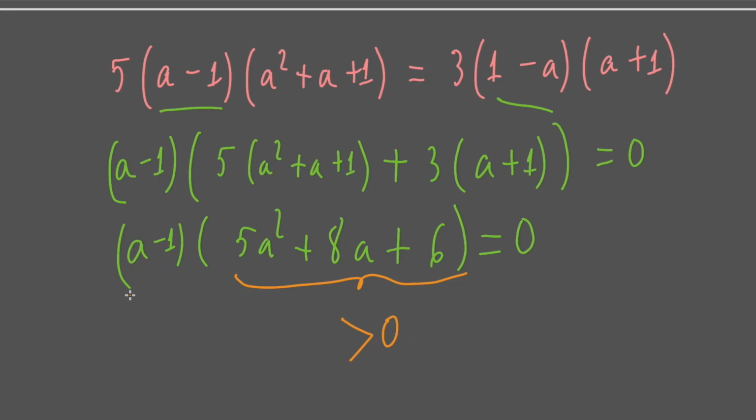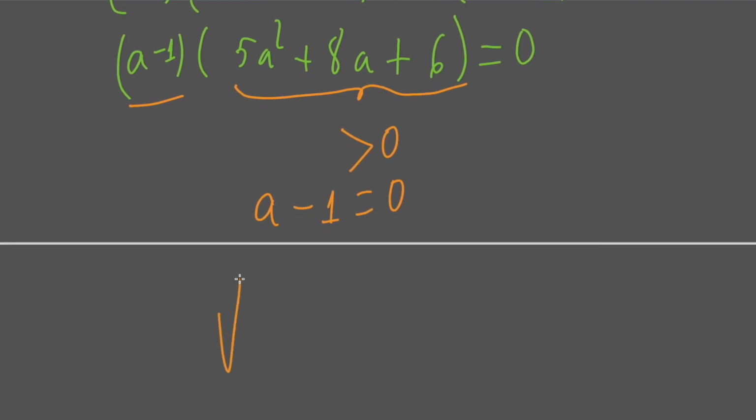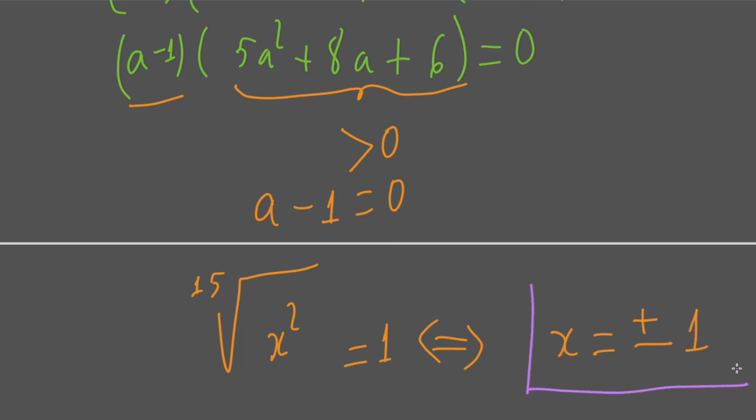So the only possible solution is a minus 1 equal to 0. It means the 15th root of x squared equals 1. Then x has to be equal to 1 or negative 1. That is the solution, or the roots, of this equation.